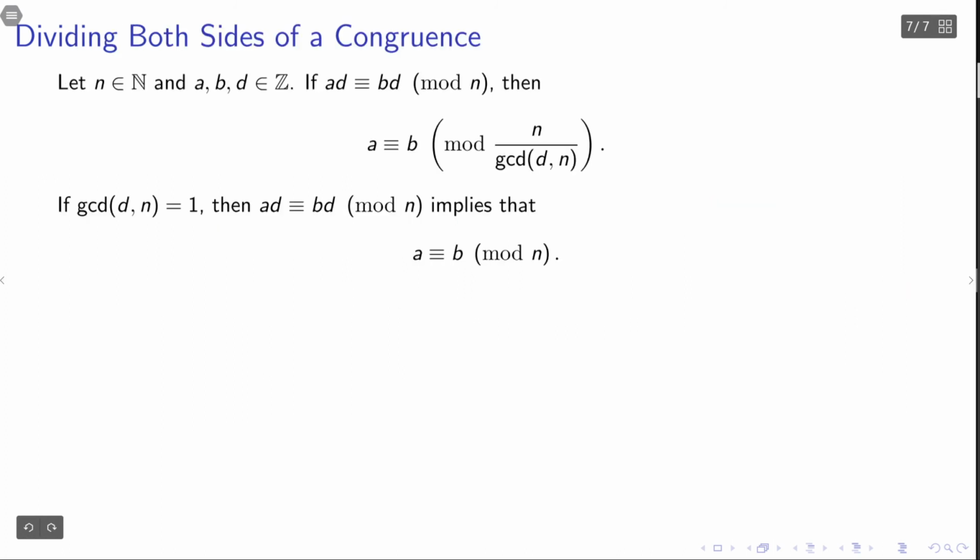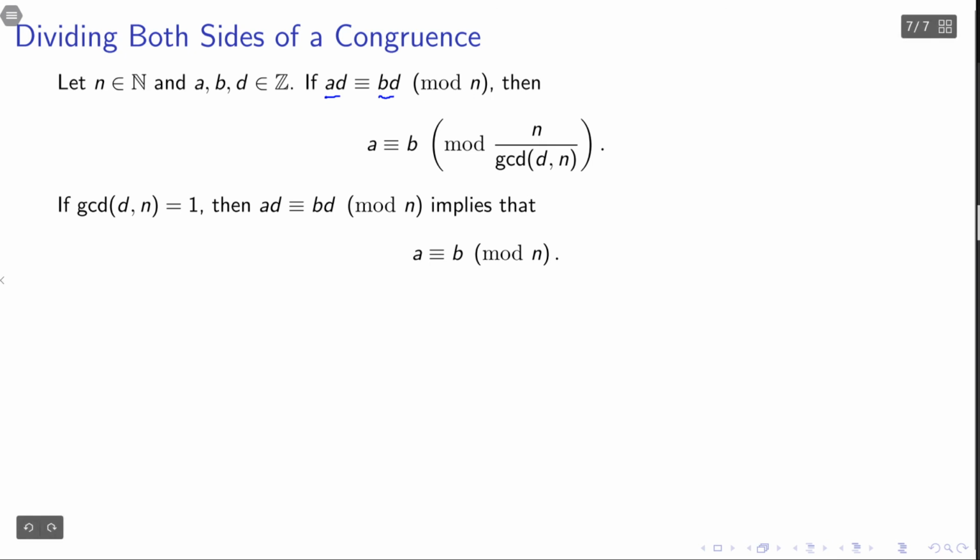And so you'll see in this property that tells us when you're dividing both sides of a congruence, you can actually do so if it's A times D and B times D on either side. So they both have D as a factor, go ahead and divide by D. But what you end up with is not going to be a statement modulo N anymore.